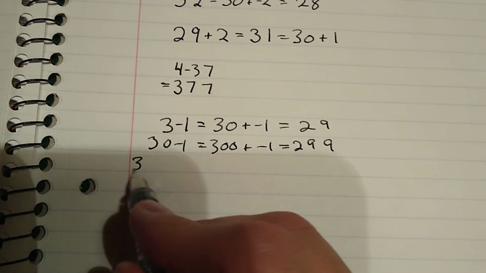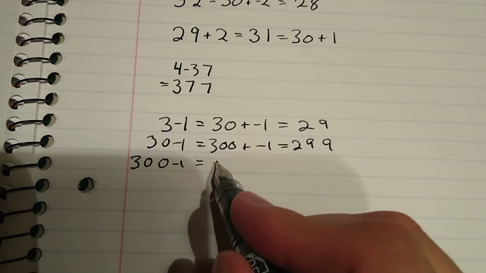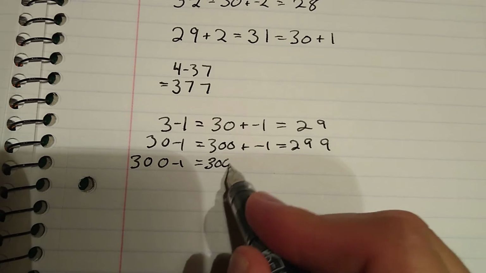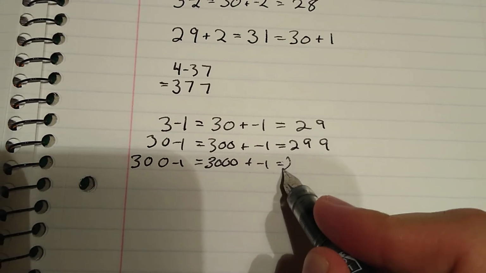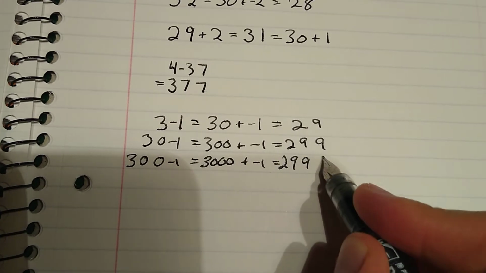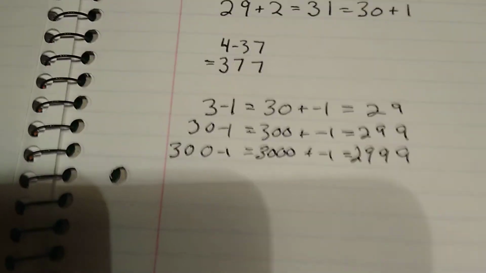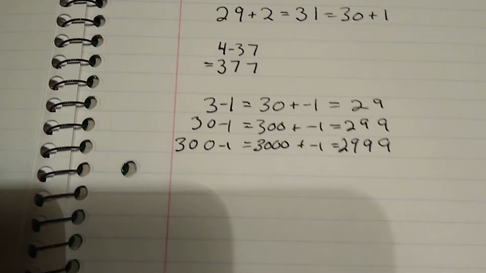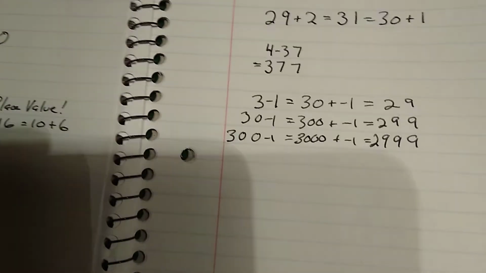What if we have 3,000 negative 1? Well, 3,000 negative 1 is 3,000 plus negative 1, which is 2,999. Because we can just go backwards from wherever we are. It's just not that complicated. So, those are the building blocks. Let's go to the meat of the subject.